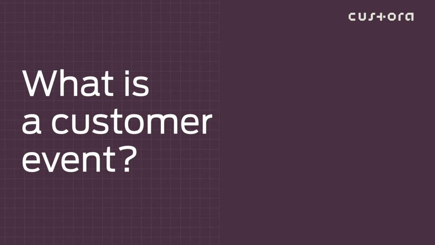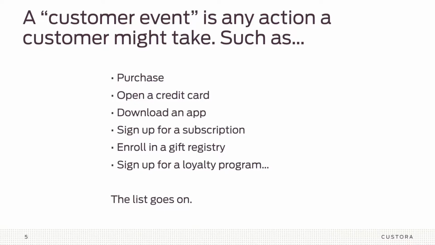A customer event is essentially used to describe any action that a customer could take, whether that action is a purchase, visiting a store, or opening a credit card. The EPM modeling framework allows us to predict a wide array of customer actions that any customer could take with a retailer.